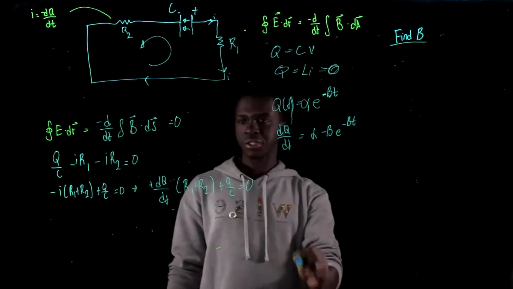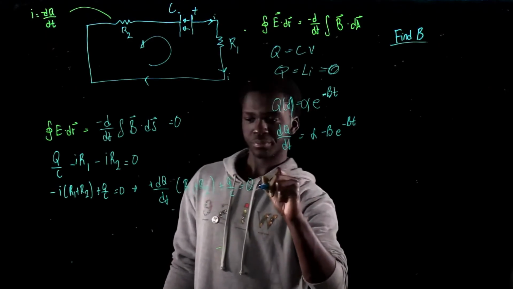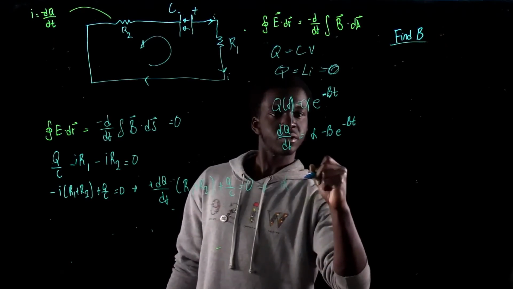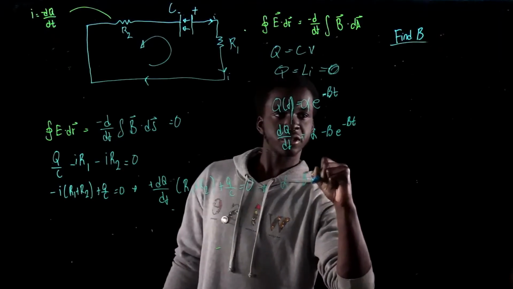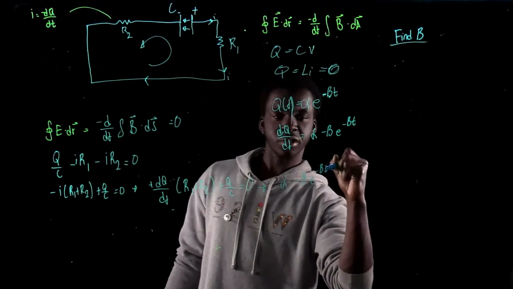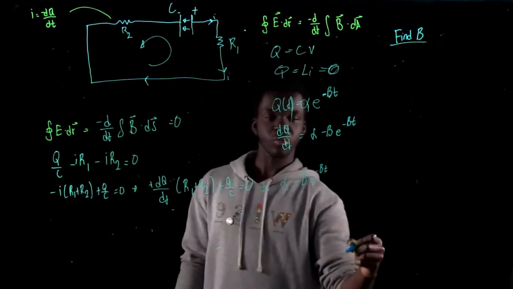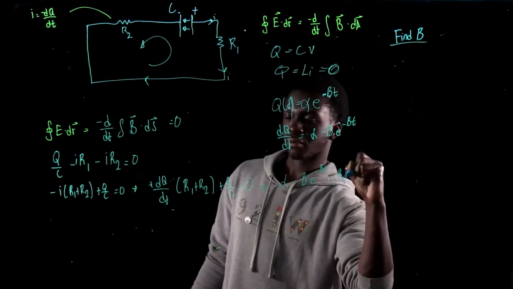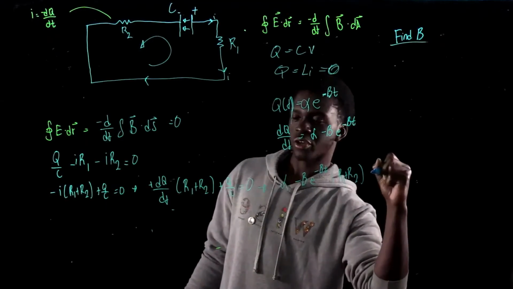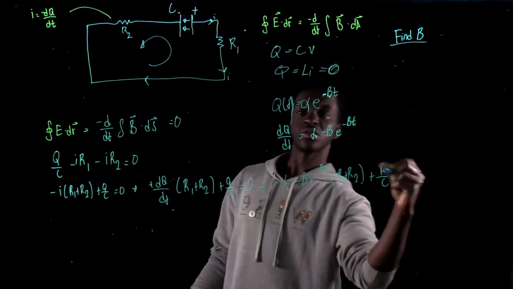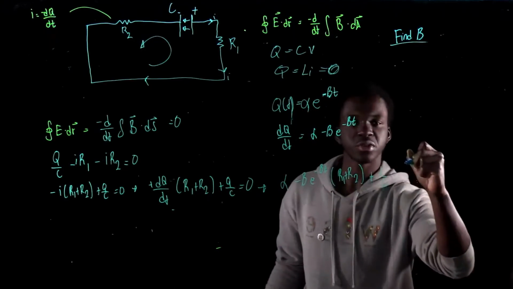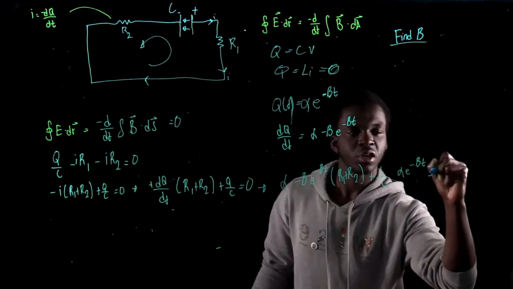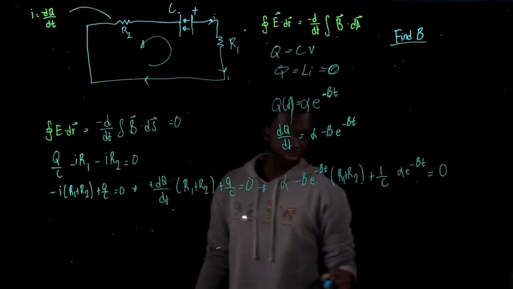We're using this formula. So it's going to be alpha negative beta E negative beta T, and then you have R1 plus R2, plus 1 over C, and you know the Q is alpha E negative beta T, and all that is equal to 0.